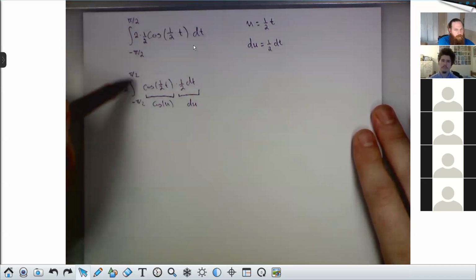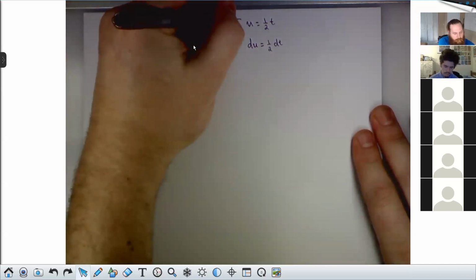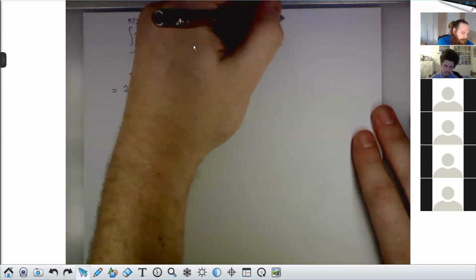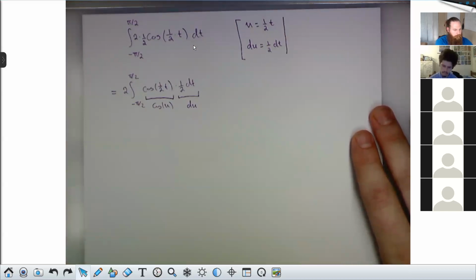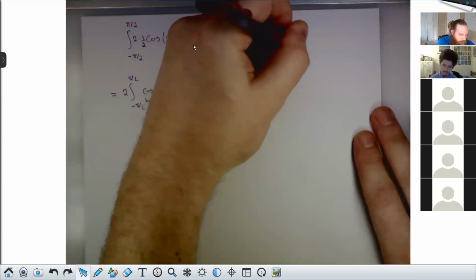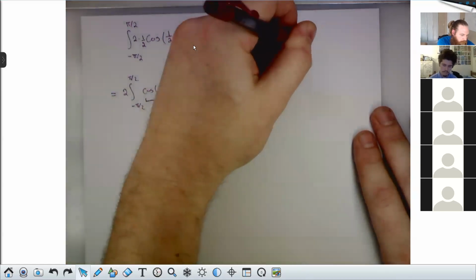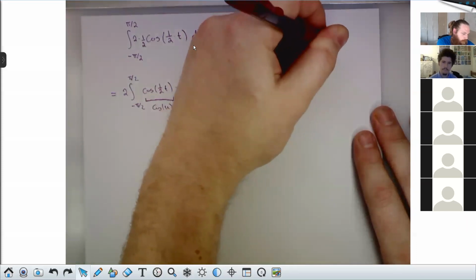But there's one other thing I need to do, and that's address these bounds. So let me show you how I do that. In my little box, I like to put a vertical line to separate the differential work from the bounds work. And over here, we just say, well, when t is my lower bound, what is u going to be?